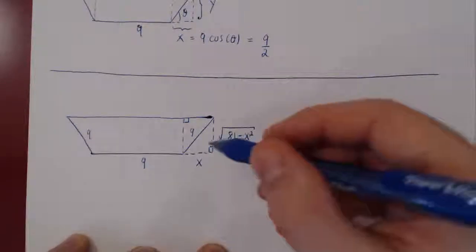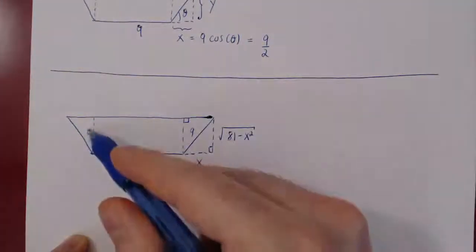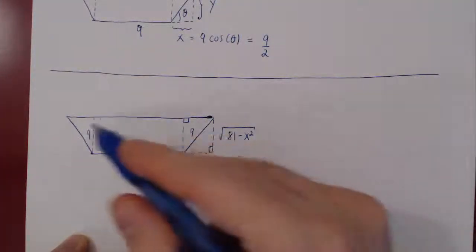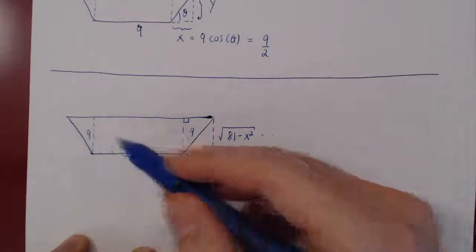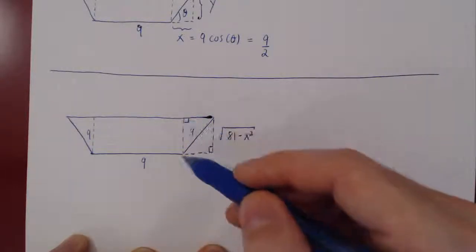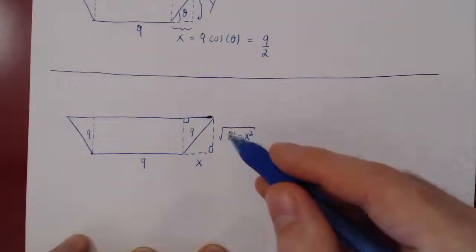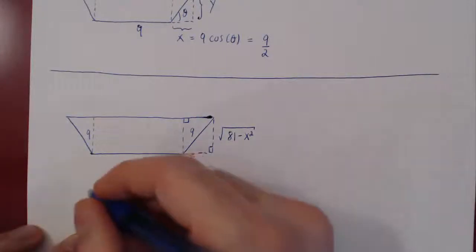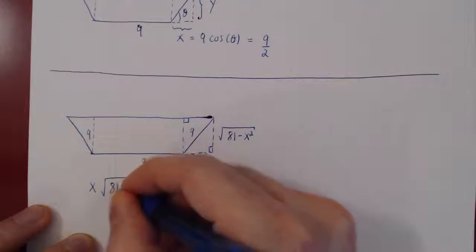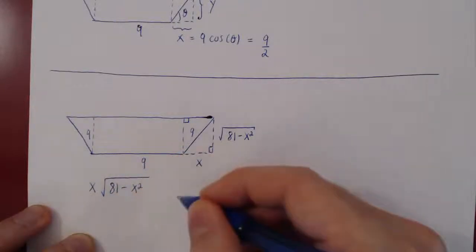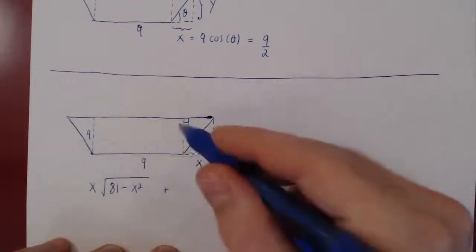And now, well, the area of the two triangles, again, they're the same triangles, so the area of this plus the area of this is just the area of the rectangle, which is the base times the height, so x times the root of 81 minus x squared. Plus, of course, the area of the rectangle, base times the height.